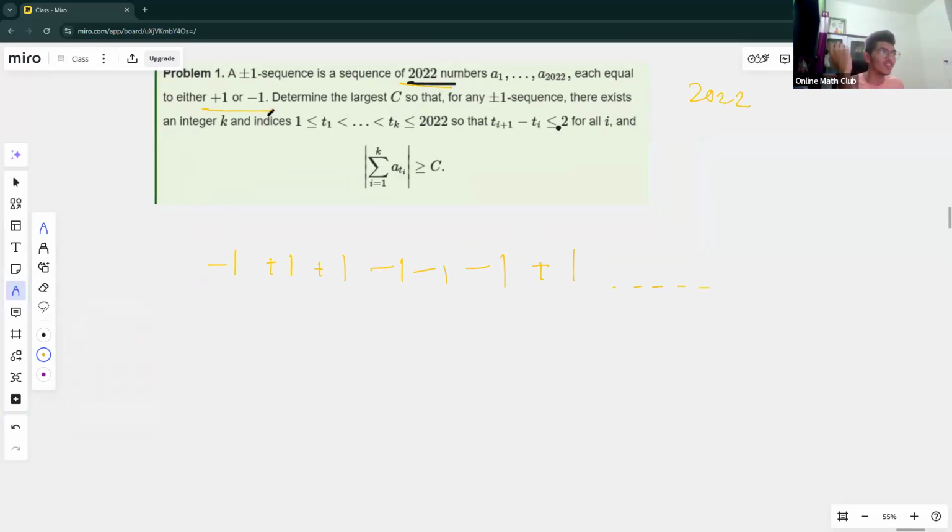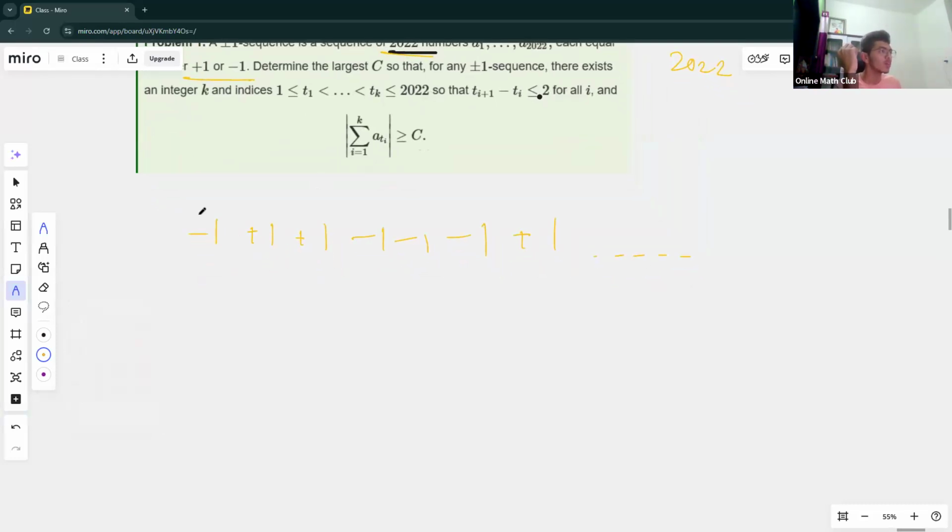Each number is either plus or minus one. Now, this is a1 and so on. We select some indices. Suppose you select this number, then you can select either this number or this number next. You cannot select numbers with a distance of more than two.